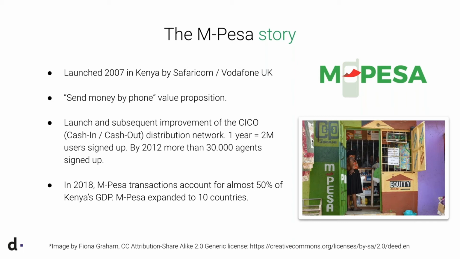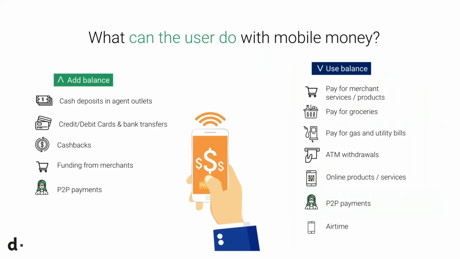These are the agent stores where people could very easily fund the accounts and withdraw money from the mobile phone accounts. So what can users do with mobile money? Of course, I mentioned the cash deposits and withdrawals in agent outlets, but in terms of deposits, users can also fund an account using their credit and debit cards, and also using bank transfers.